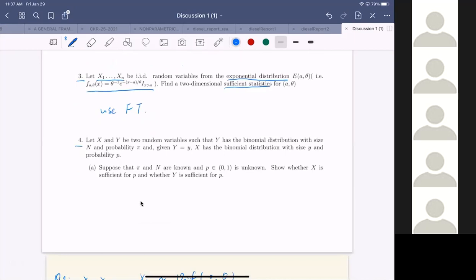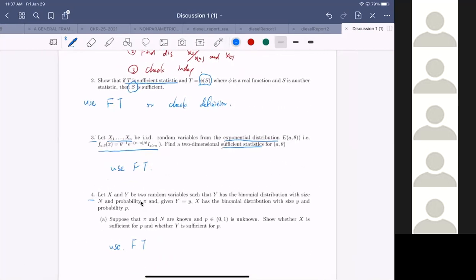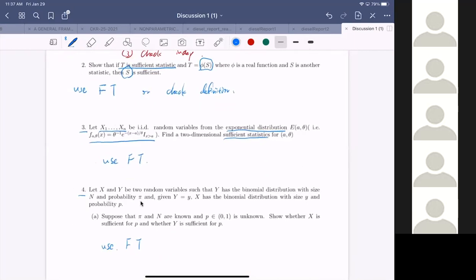The last one is also the same, we have to use the factorization theorem. So now try questions 2, 3, and 4. I'll give you around 10 minutes, until 11:15.